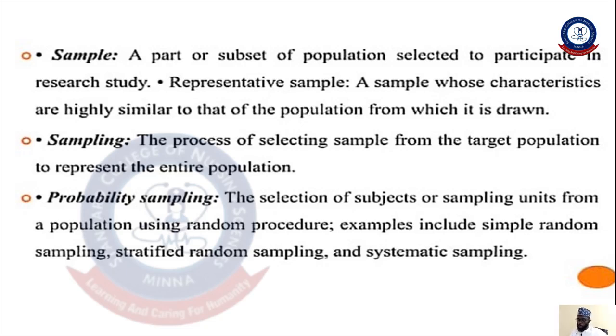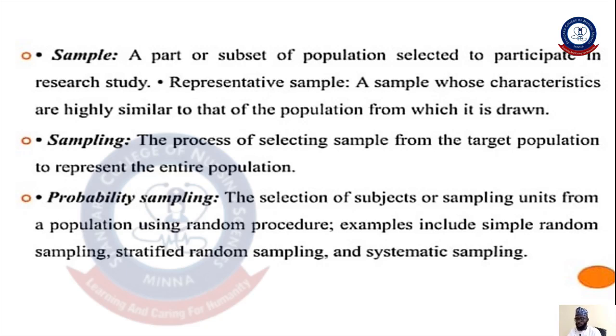I say your target population is the student. The sample is people that have the characteristics you want to study. Then how do you get people that have these characteristics? You have numerous people that have these characteristics, like final year students. Then how do you pick the ones you study among the final year students?